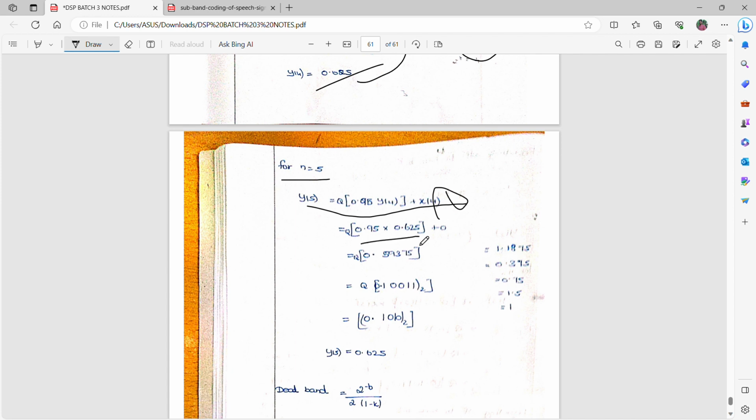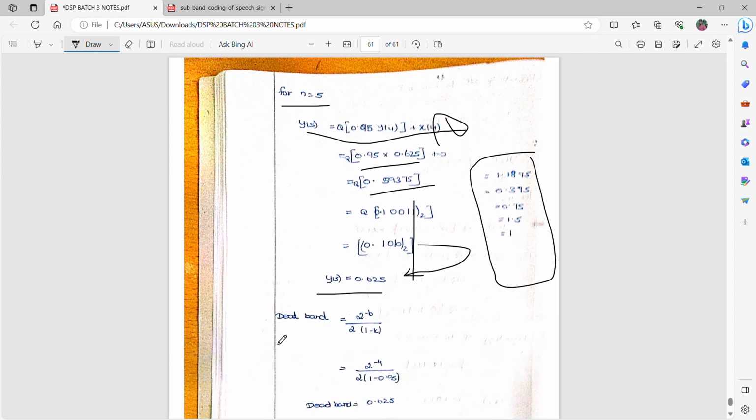Multiplying these two values gives the resultant value 0.5935. This decimal form is converted into binary, and the value obtained is 10011. Let us consider only 4 values, so 1001. Now it can be converted into decimal again, using 2 power minus 1, 2 power minus 2, 2 power minus 3, 2 power minus 4, and the decimal value obtained is 0.625.